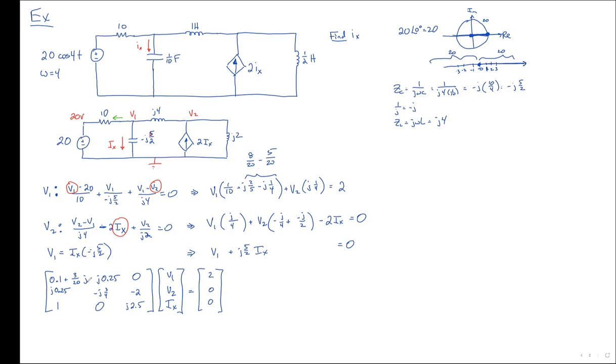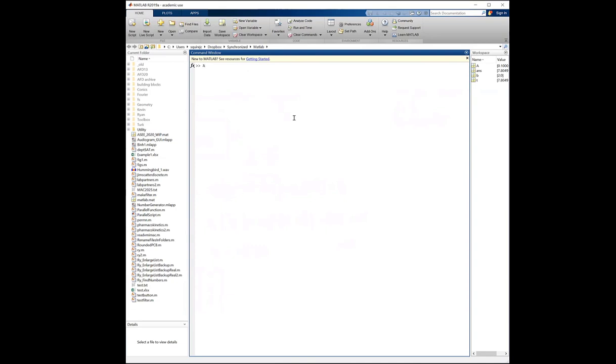So the J doesn't have to be in front. It should be, you're right, but it's not wrong if it's not. Your calculator will give you the same answer, because multiplication is commutative, so it won't give you any problem if you put it first or second. So let's plug this into MATLAB.